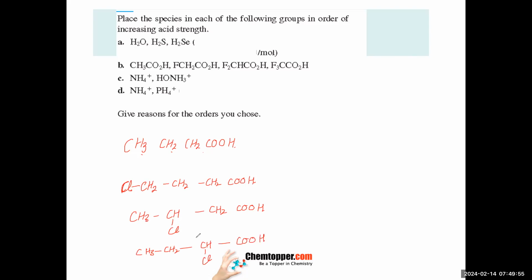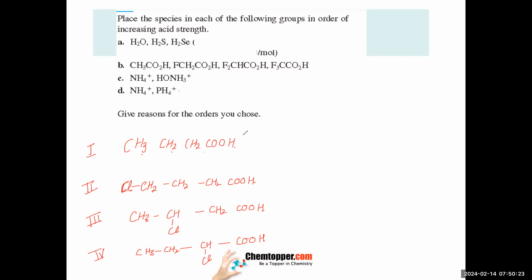You can understand. So structure 1 is an acid, structure 2 is an acid, 3 acid, 4. Can you arrange them in the order of increasing acidity? Which one is the strongest, which one is the weakest, and what is the reason? First give me the order, or first you tell me which one is the strongest and why.